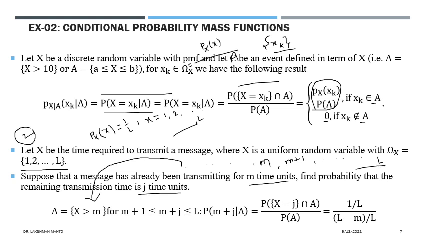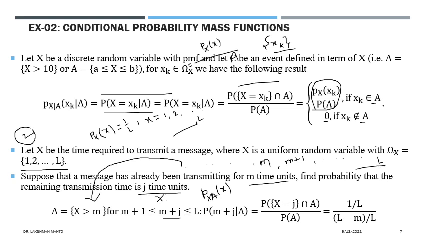Now we have to look at our observation of x for m plus j, such that this quantity is greater than m, that means m plus 1, going up to j. So we have to find the conditional probability mass function of x given A.